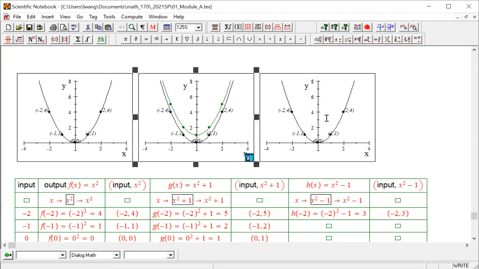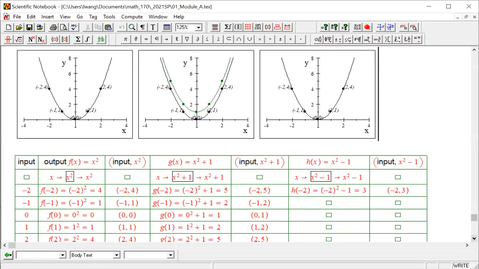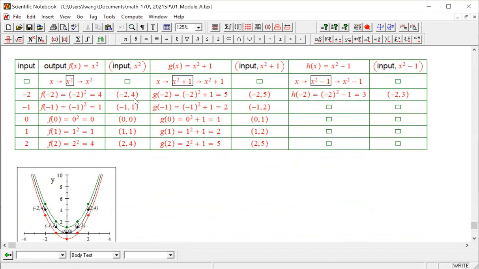So let's see what happens for x squared minus 1. Please work with me. The inputs are the same, and the output will be whatever output we had before, and now it's going to be -1. So everything here is going to be -1.